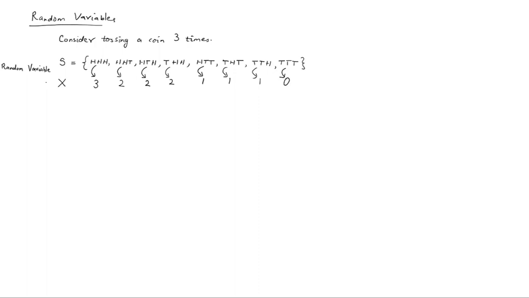In no particular order: you do the experiment once, maybe you get 2; again, maybe you get 1; again, maybe 2 again. So the values that X takes appear randomly. So X is a random variable.